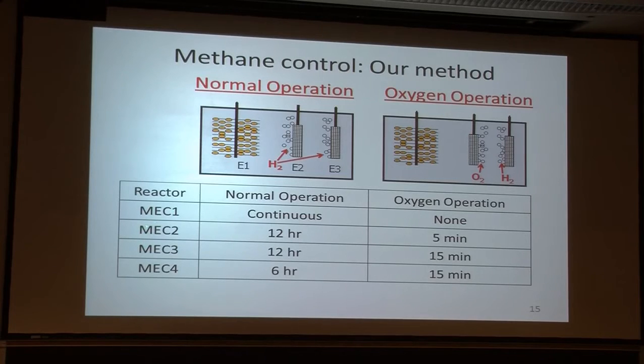MEC1 is the negative control, so it doesn't have any oxygen production. In MEC2, we produce oxygen for 5 minutes every 12 hours. In MEC3, we produce oxygen for 15 minutes every 12 hours. In MEC4, we produce oxygen for 15 minutes every 6 hours. So MEC2 has the least amount of oxygen production, MEC3 a little more, and MEC4 still more and more frequent oxygen generation.